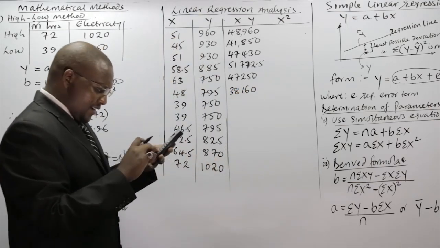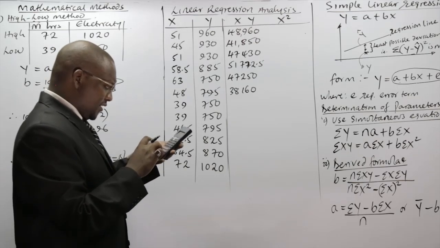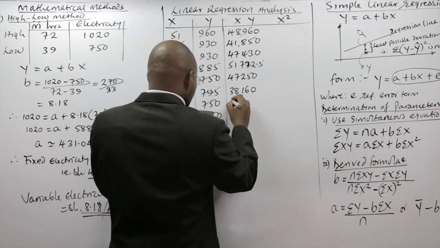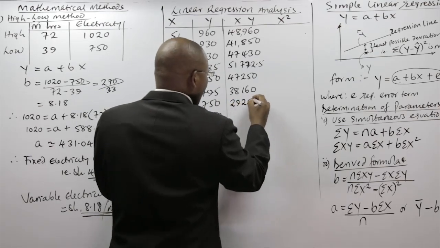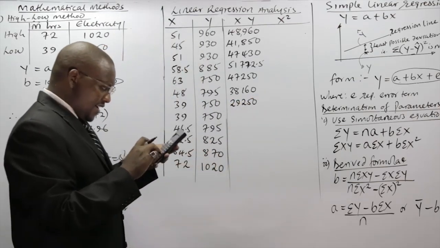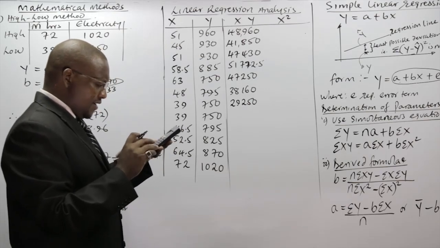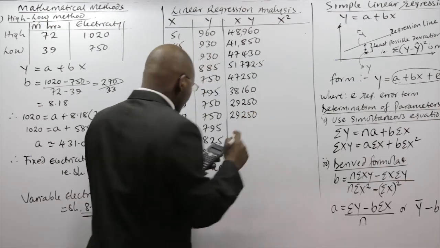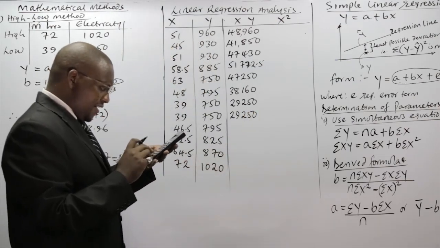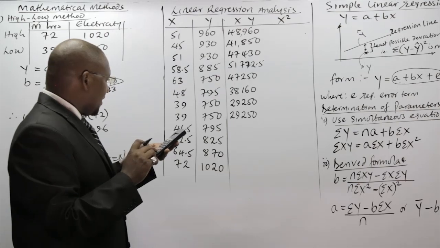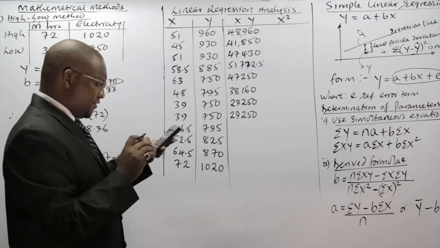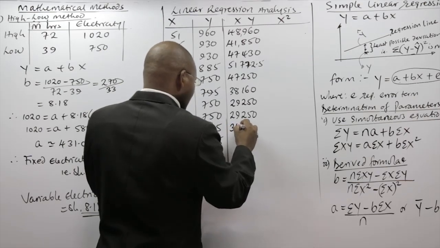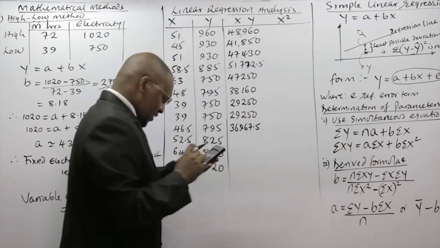Then 39 times 750 gives me 29,250, and 39 again times 750 gives 29,250. Then 46.5 times 795 will give me 36,967.5.